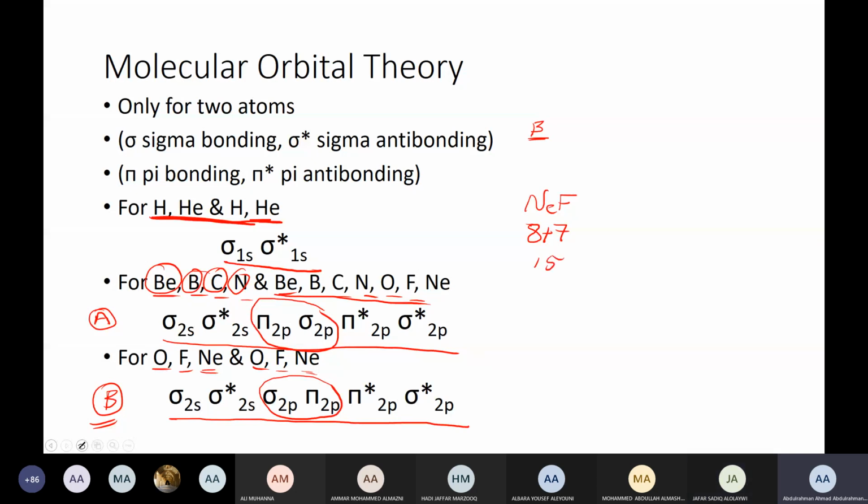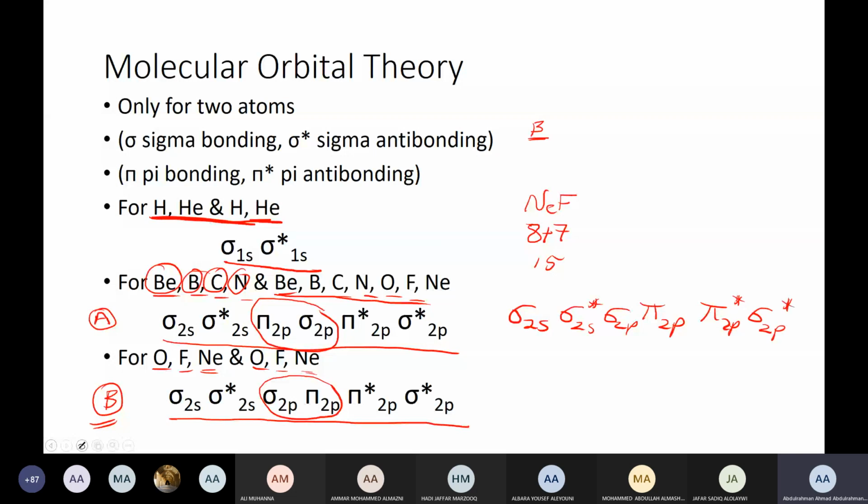Okay, distribute them very quickly. What are you going to write? Sigma 2s, sigma 2s star, pi 2p, sigma 2p, pi 2p star, and then sigma 2p star.